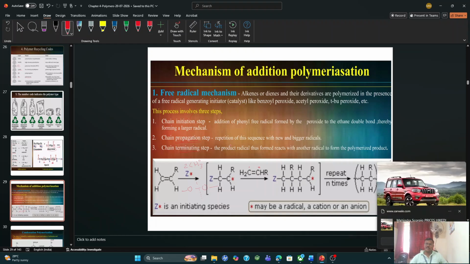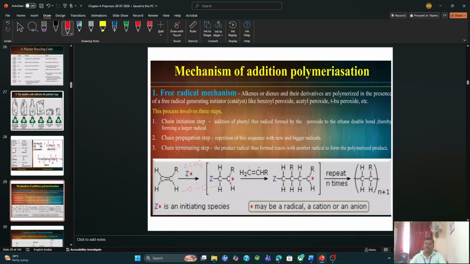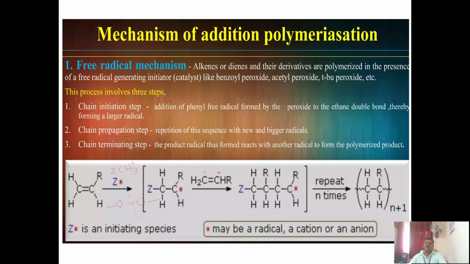How do you do that? You can do that by two ways. One way, suppose this hydrogen will go as H radical, and this carbon will get a radical species.